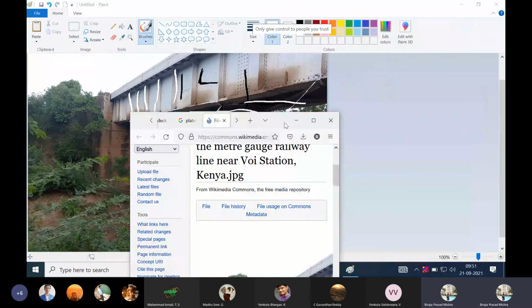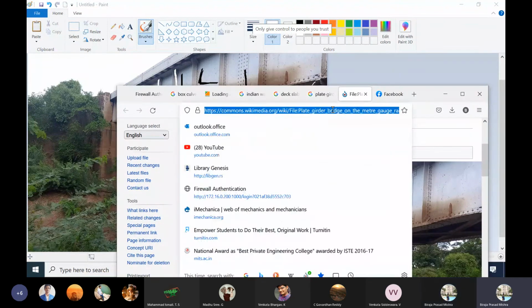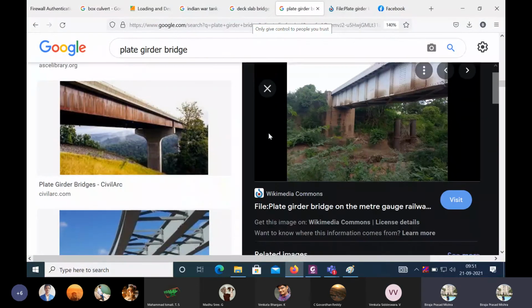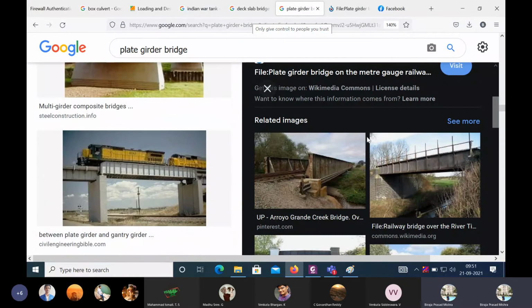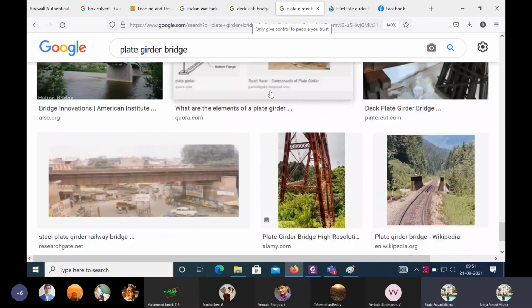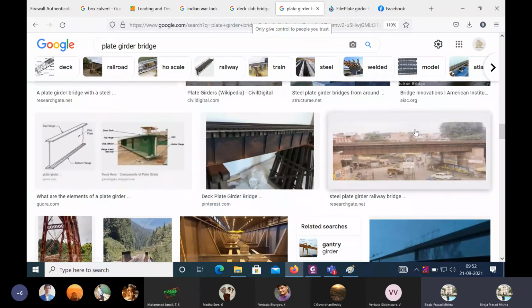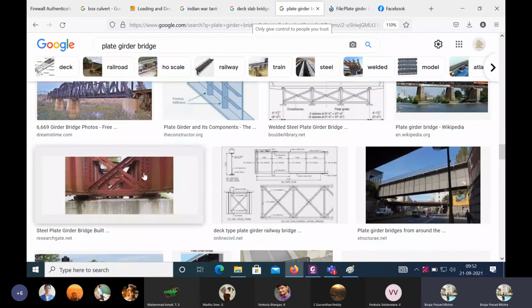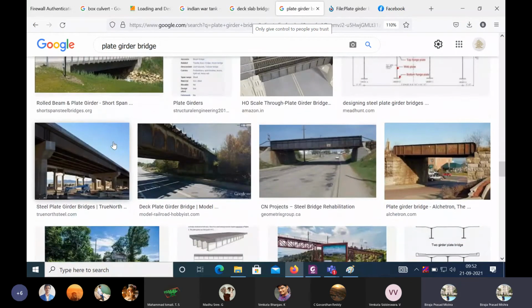Let me check whether the pictures are there or not. See, inside it will be like this, the steel plate girder bridge.